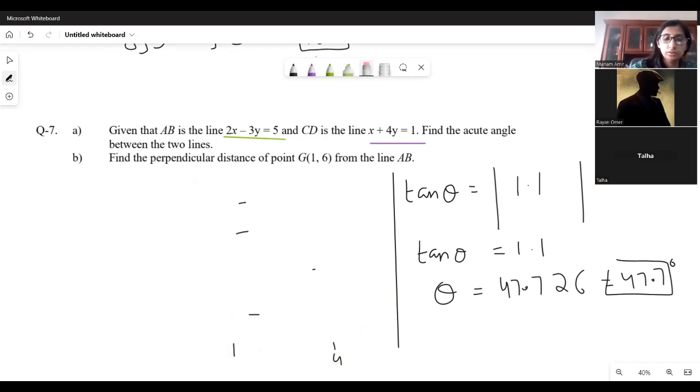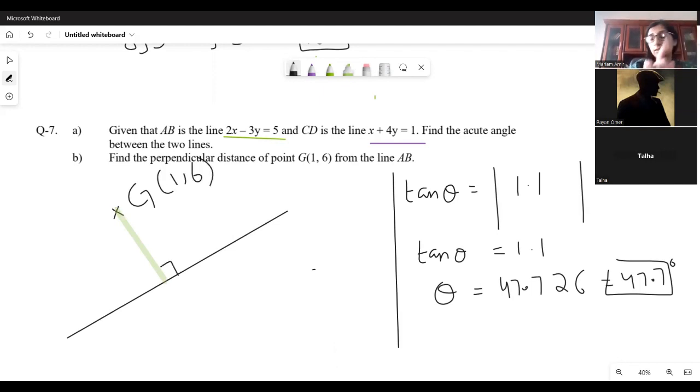There's a point G, and there's a line AB, and you have to find this perpendicular distance. We discussed a formula for this on the first day, in the first lecture. In it, you have to write the equation in the form ax plus by plus c is equal to 0. So let's rearrange AB.